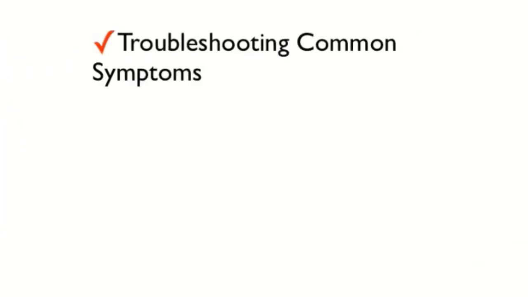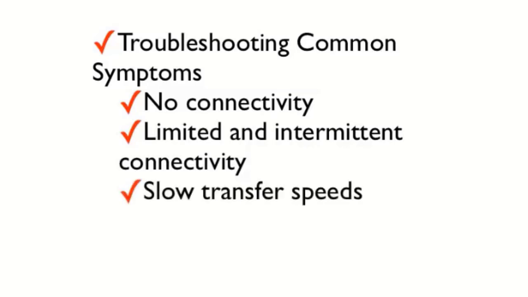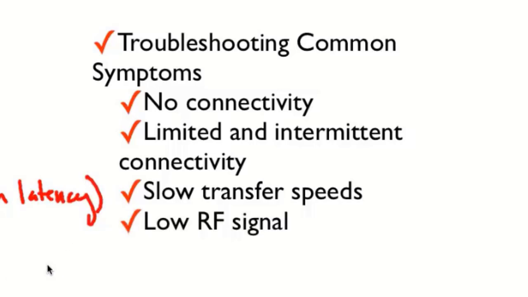Then I want to look at troubleshooting some common symptoms in a Windows environment, specifically with networking, including no connectivity, limited and intermittent connectivity, slow transfer speeds, which we could also write as high latency. Remember that word latency we looked at. A low RF signal, specifically in terms of Wi-Fi.